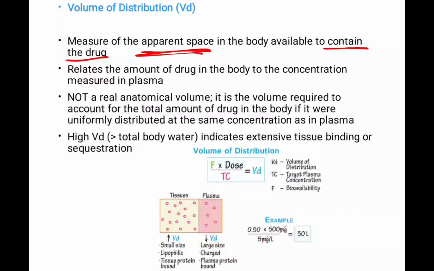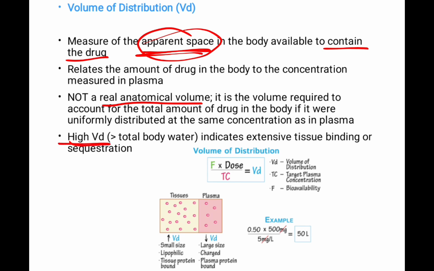Because volume of distribution relates the amount of the drug in the body to the concentration measured in plasma. It is not a real anatomical volume. It's an apparent space. It is a volume required to account for the total amount of drug in the body if it were uniformly distributed at the same concentration as in plasma.